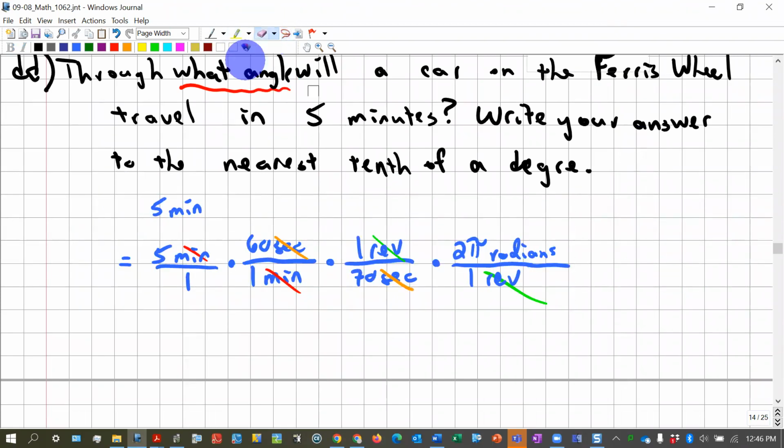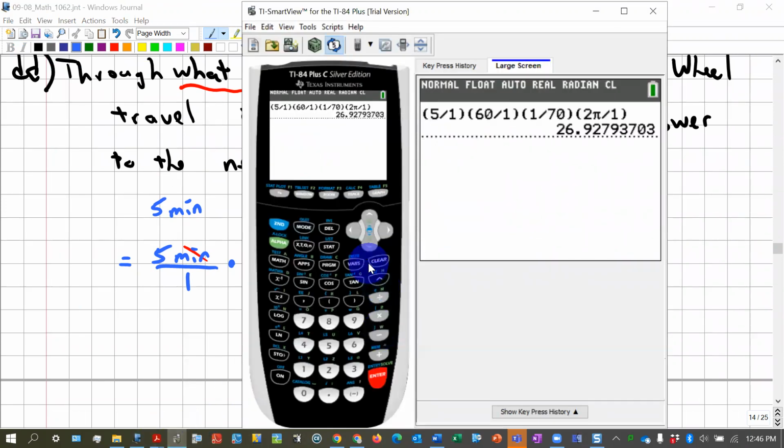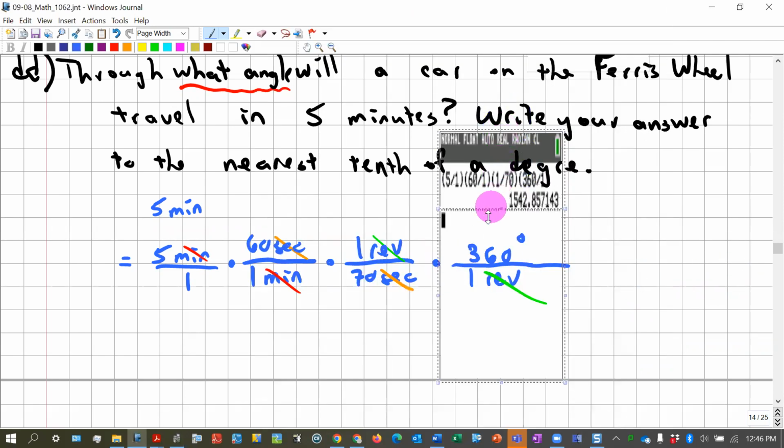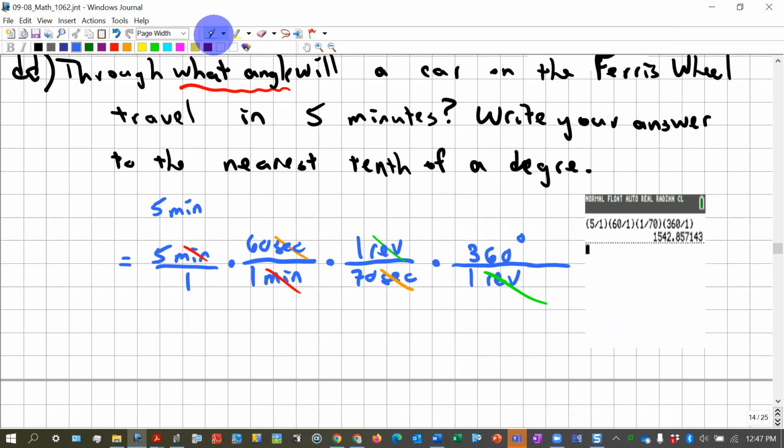So the only difference now is that my last fraction, instead of 2 pi radians, is going to be 360 degrees in the numerator. So 1,542.9 degrees.